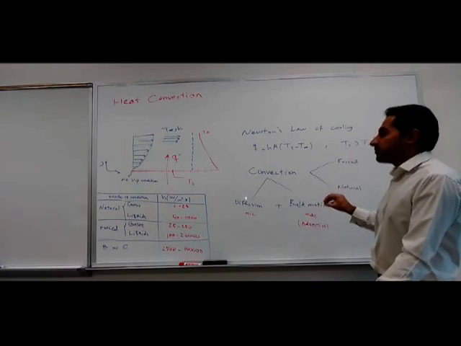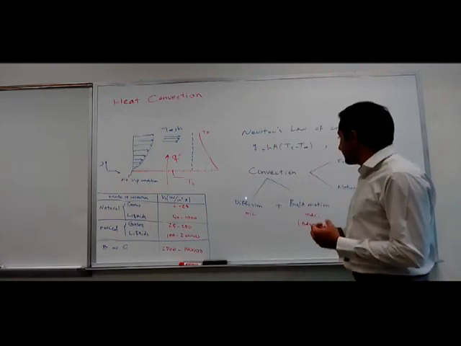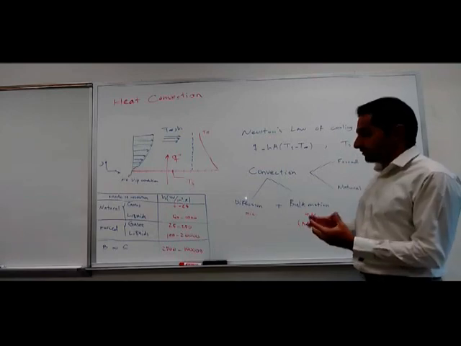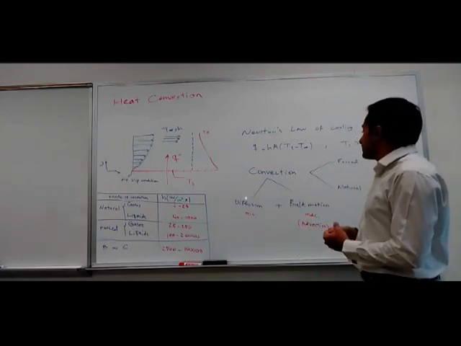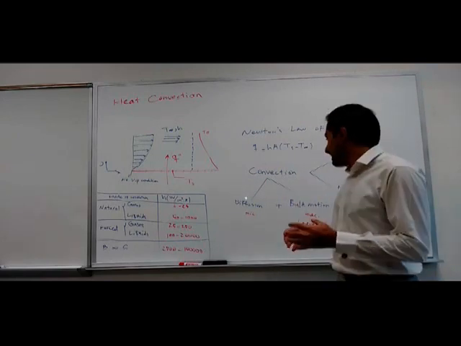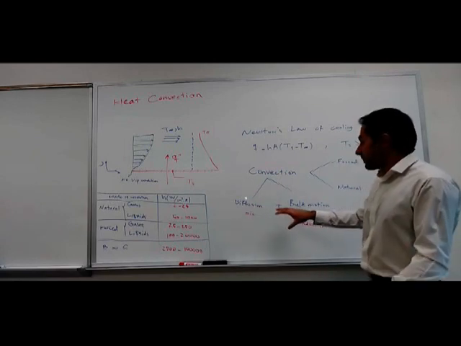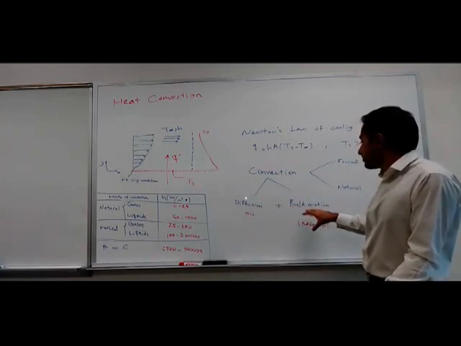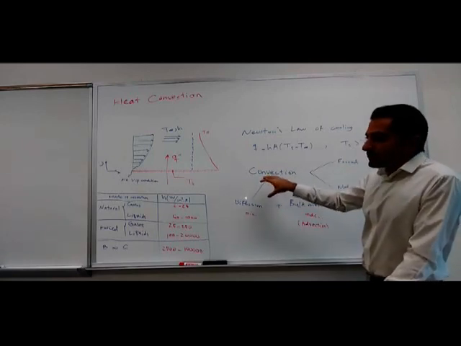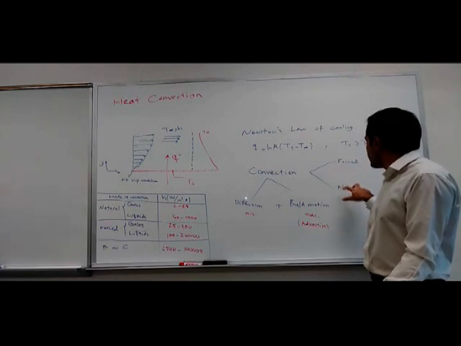That is a macroscopic phenomenon. So, if you want to talk about convection, really you need to know that you are talking about the collective effect of two energy transport mechanisms. Simply, we can categorize convection into two main classes.